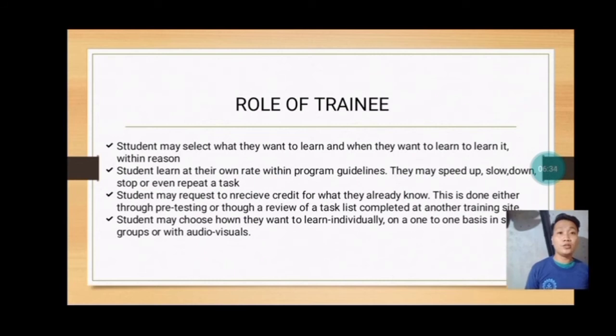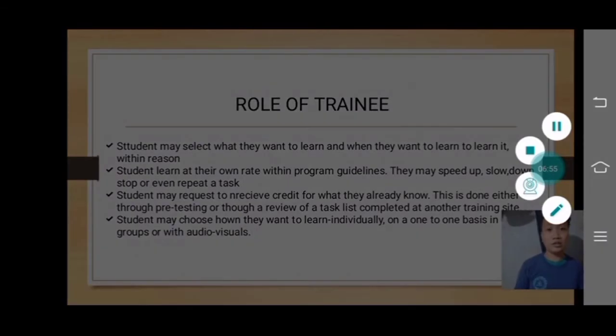Students may request to receive credit for what they already know. This is done either through pre-testing or through a review of the task list completed at another training site. Students may choose how they want to learn: individually, on a one-to-one basis, in groups, or through audiovisual.